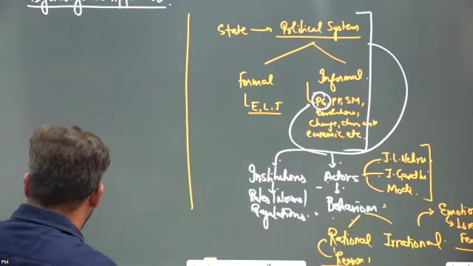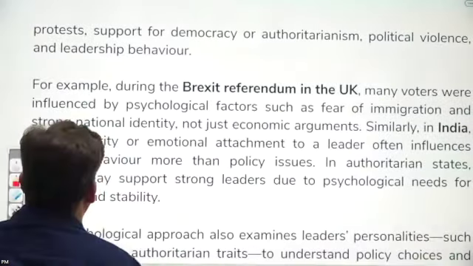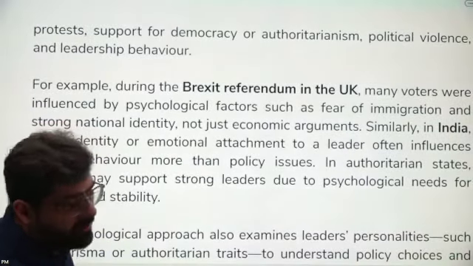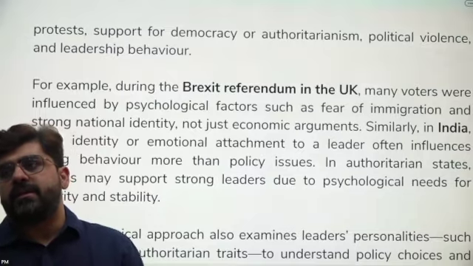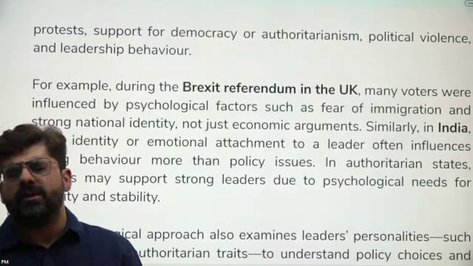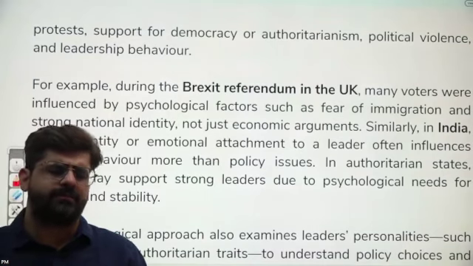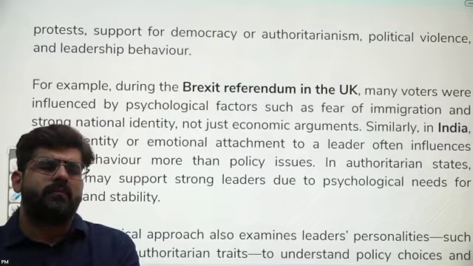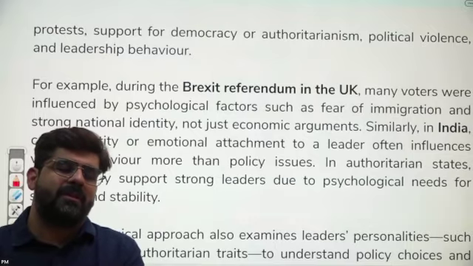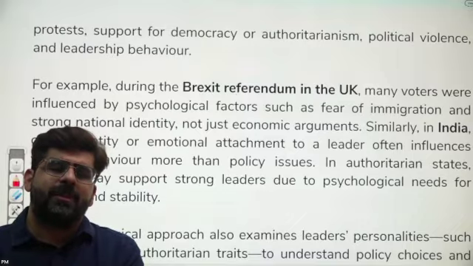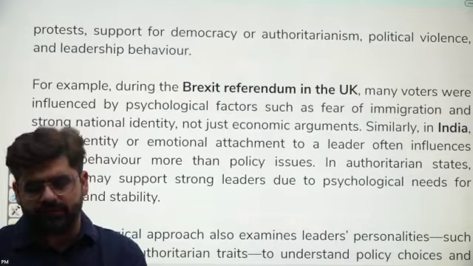A very good example of psychological approach is the Brexit referendum in UK. When the Brexit referendum happened in UK, this is the story of 2016, if I'm not wrong, 2016, a very unique situation happened in Britain. There are two major parties, Conservative Party and the Labour Party.